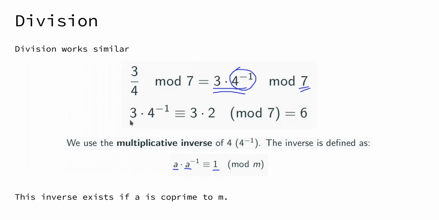So instead of calculating 3 divided by 4, we actually calculate 3 times 2, mod 7, which is 6. So 6 is the result of 3 divided by 4 when we work modulo 7. This multiplicative inverse exists for every number a that is coprime to m.